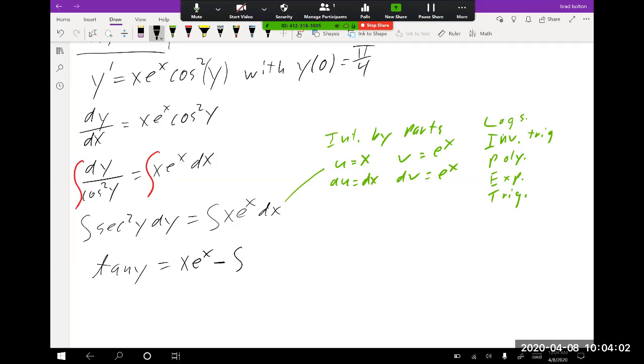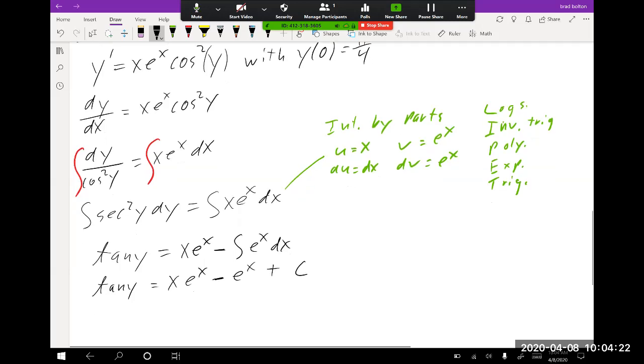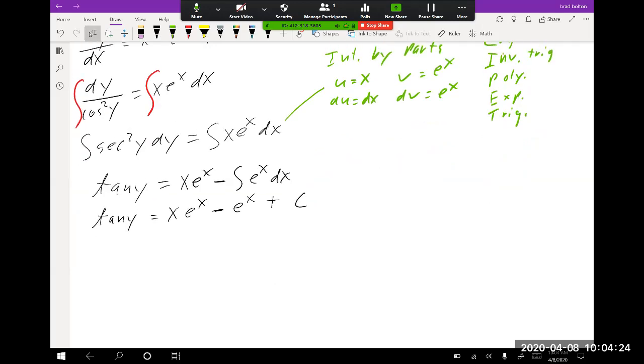So v, which is e to the x, and du, which is dx. So then we're going to have tan of y is equal to x e to the x minus e to the x plus c. Okay, is everybody okay with that, hopefully? So now we can move on.